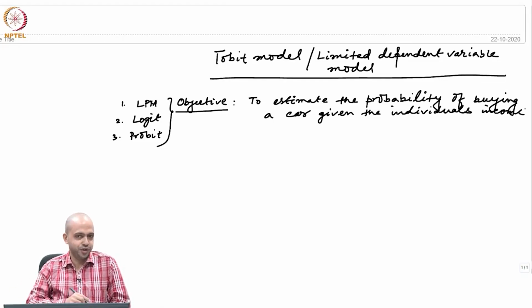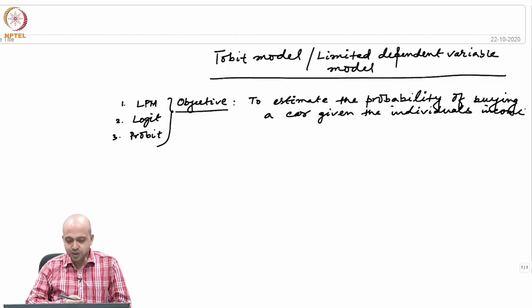So, it is not probability. I want to see, if the income changes from 10,000 to 15,000, or 15,000 to 20,000, or 20,000 to 25,000, how does the individual's automobile expenditure respond to that change in income. That is our objective.